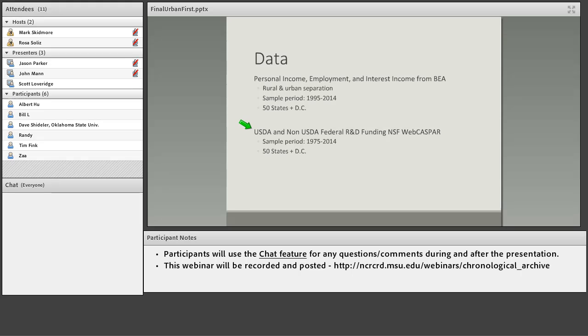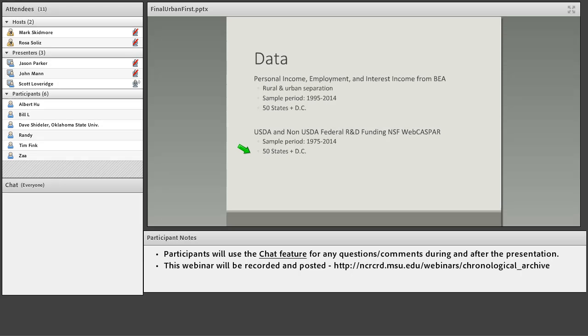Maybe a little less traditional is the federal R&D funding. There's a website at NSF that allows you to download that. And because of the lags we're looking at, we start our R&D data 20 years before the other data, and again it's the 50 states plus DC.